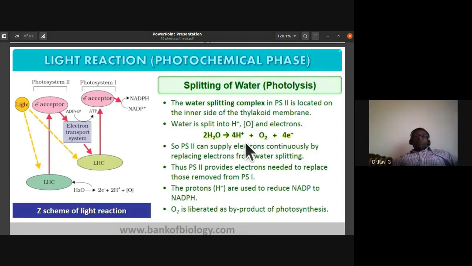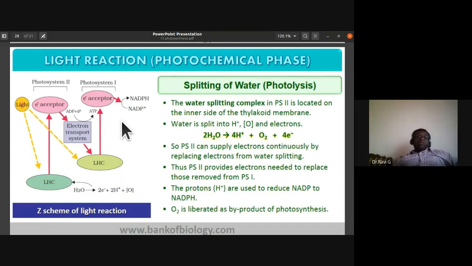If it is two molecules of water, they produce four protons, an oxygen molecule is liberated, and four electrons are liberated. So photosystem 2 can supply electrons continuously by replacing electrons from the water splitting complex. Thus, photosystem 2 provides electrons needed to replace those removed from photosystem 1.